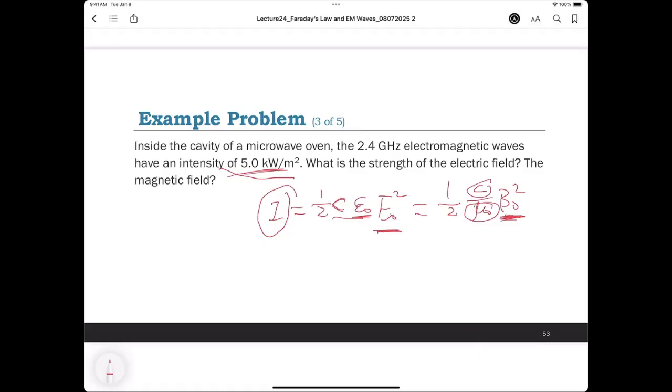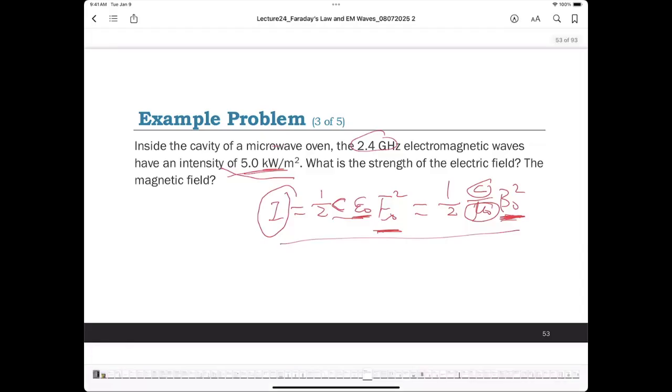If you observe this equation, the intensity has nothing to do with the frequency. The frequency doesn't affect the intensity or the electric or magnetic fields. Just pay attention to that.